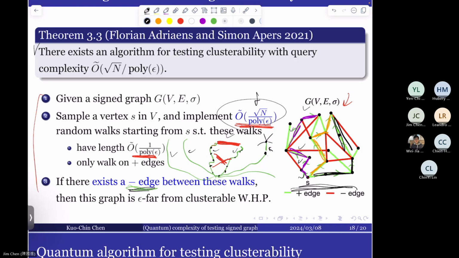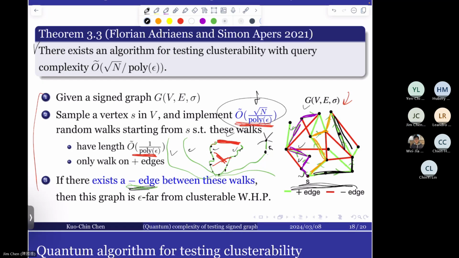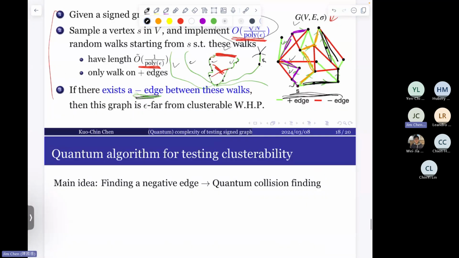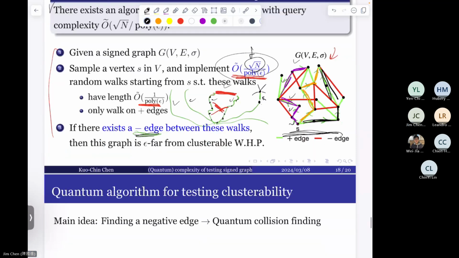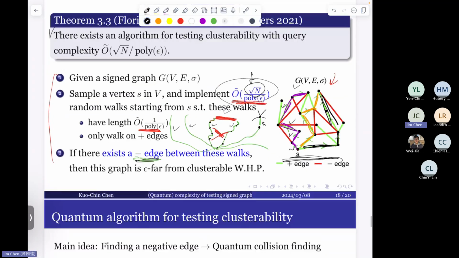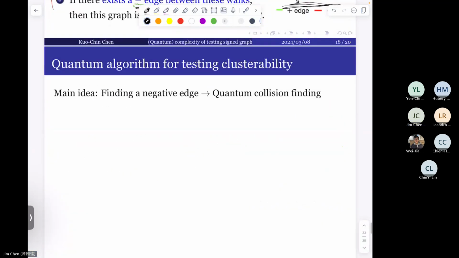Whenever we make a random walk step, we check the edges adjacent to that vertex. So the time complexity is actually dominated by the number of random walks. That's for the classical algorithm.